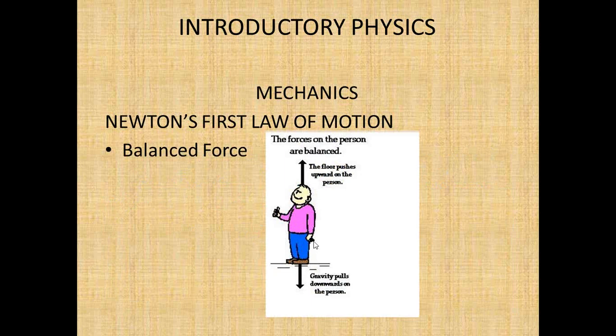Force pulling you downwards is your weight. Remember, weight is a force. Force is equal to the mass of an object times the acceleration. So whatever mass you have, you're going to multiply it by g, acceleration due to gravity.